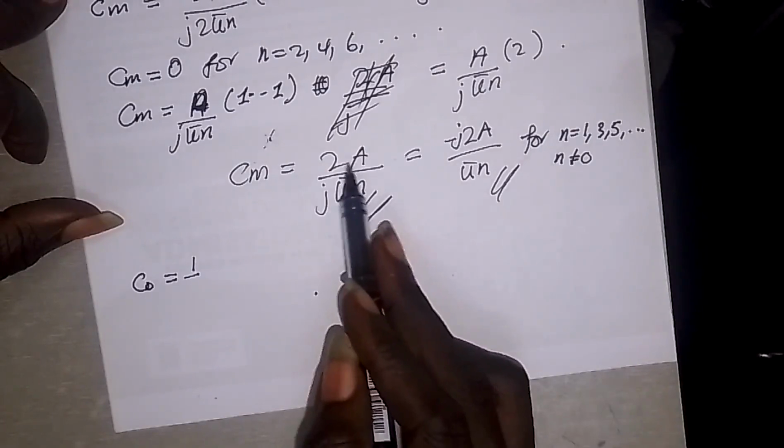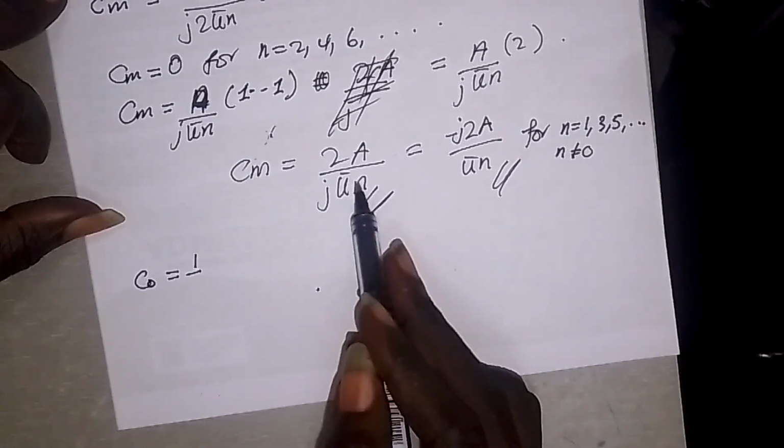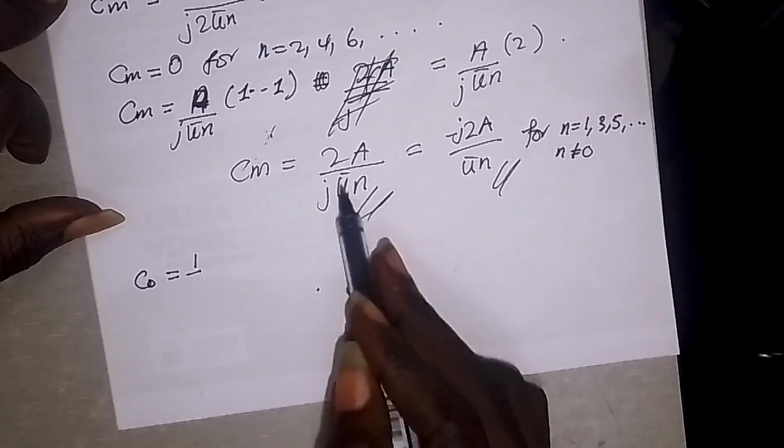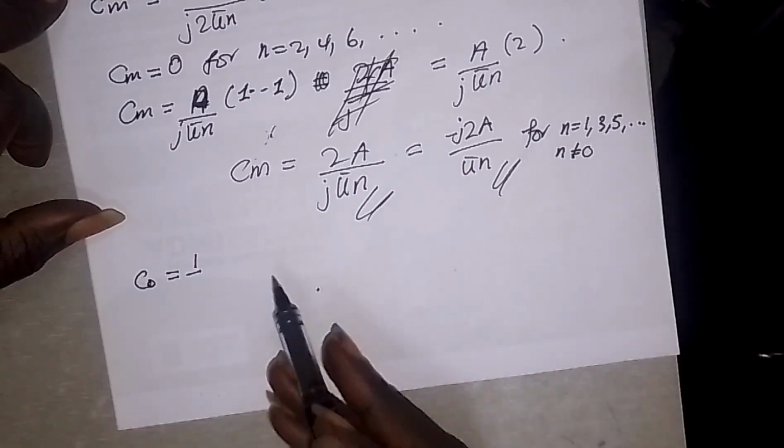Because if n is 0, you have 2a over j pi n, and any number divided by 0 goes to infinity. The whole thing will not be defined. So n cannot be equal to 0.